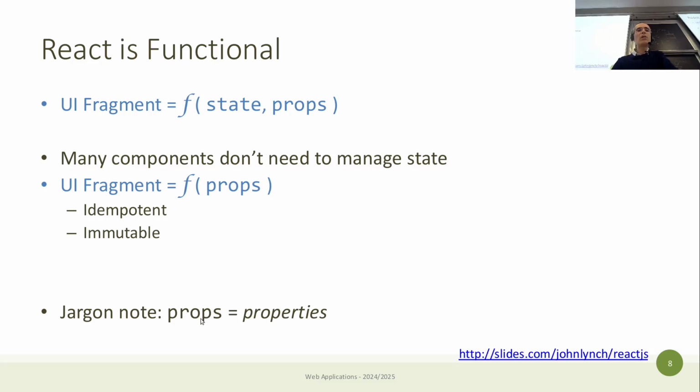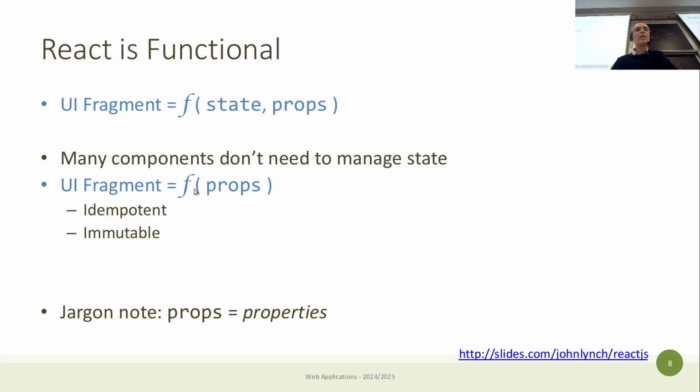From now on we will call props the properties that we pass to the React components. It's just jargon from React. They call them props, and we will call them props.